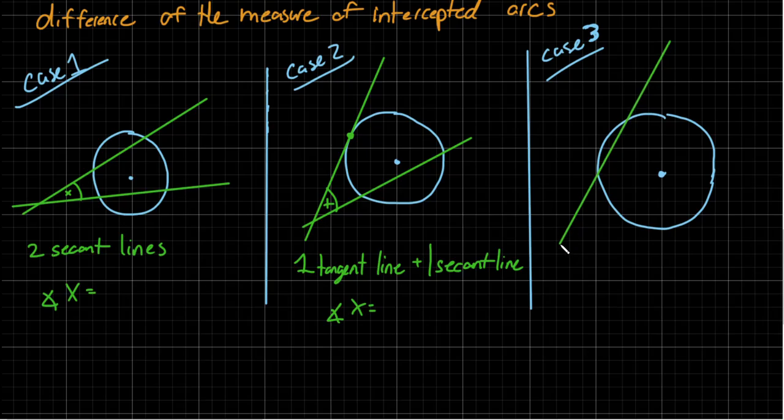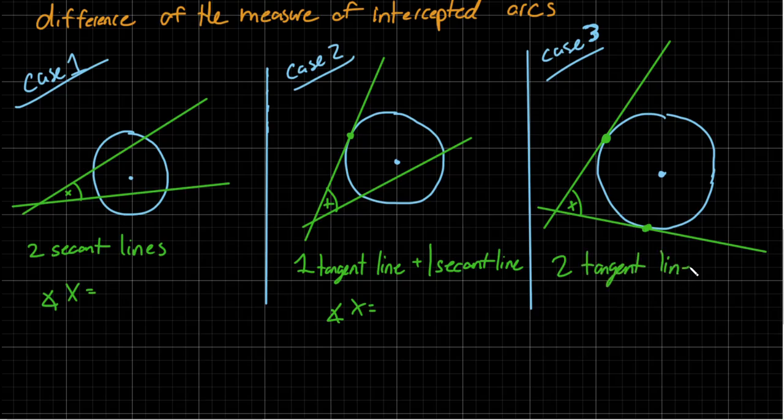I gotta touch exactly 1 point on my entire circle. Okay, then I got a second one right there. So I'm touching 1 point right there, and I made an angle right there. So this is 2 tangent lines, and I made angle X.